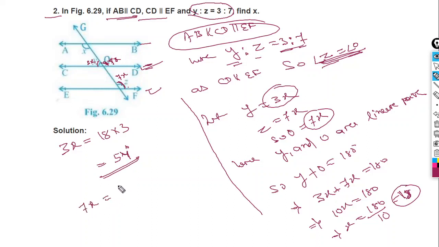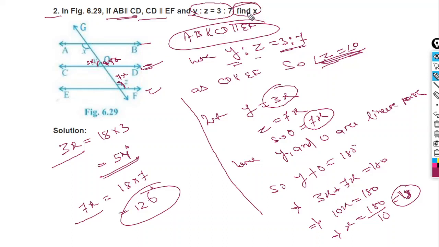So 7x equal to 18 into 7, which will be equal to 126 degree. So we have got 3x and 7x. Well, what we had to find? We had to find the value of x.